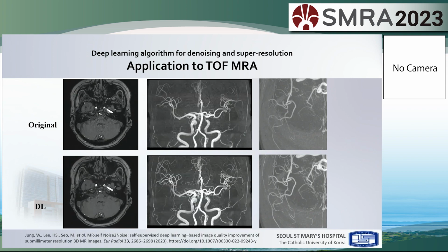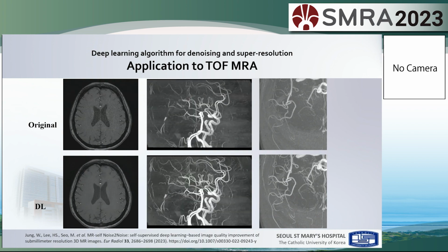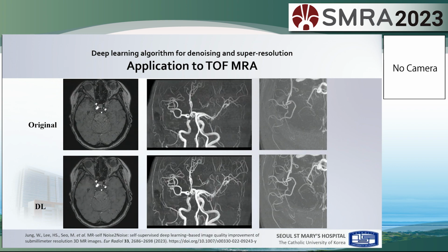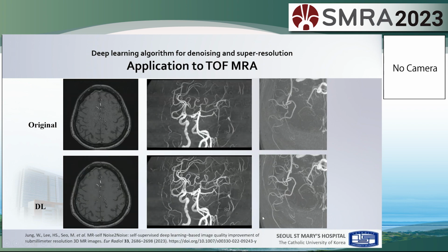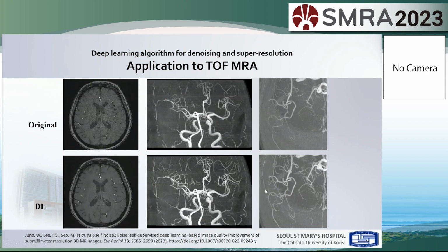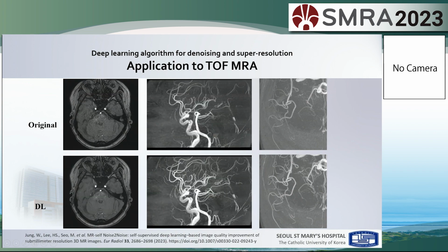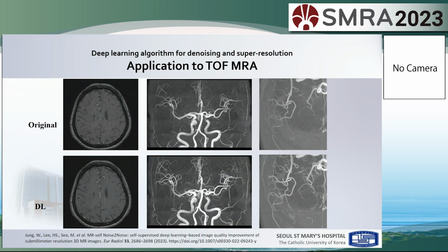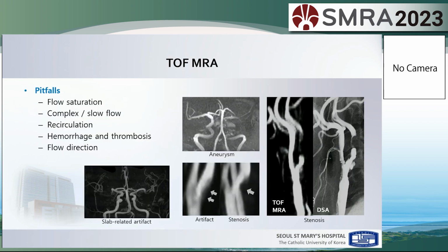This is the very first case I saw during the pilot evaluation, and my gut feeling is that the background noise has been quite reduced, and distal vessel visibility is improved. But still, in this patient with an aneurysm after stent-assisted coiling, the stent-related artifact has not actually been improved. But I hope this kind of algorithm can have a good utilization in the near future.